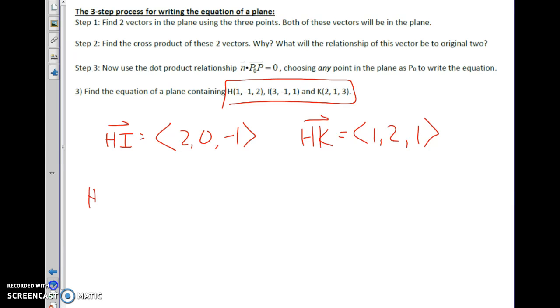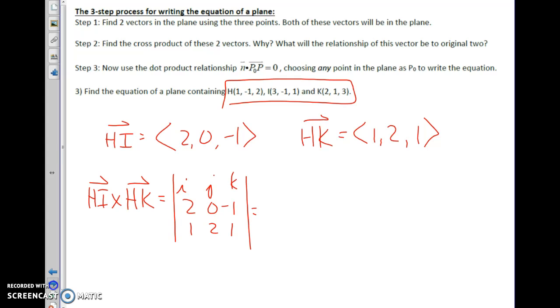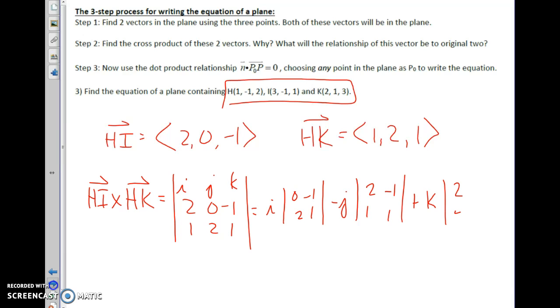And as we learned earlier, now we're going to take the cross product of those two vectors. I'm going to set that up: i minus j plus k. Oops, too fast here.